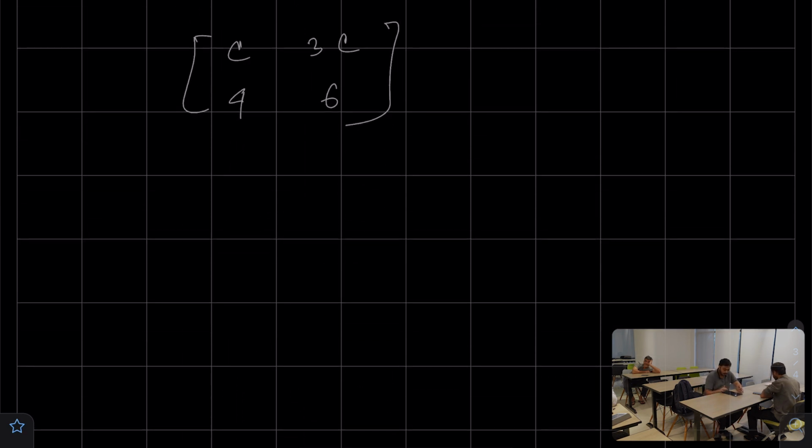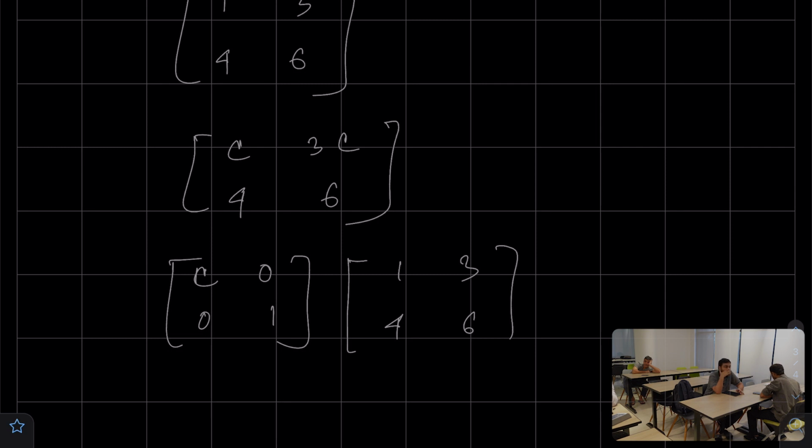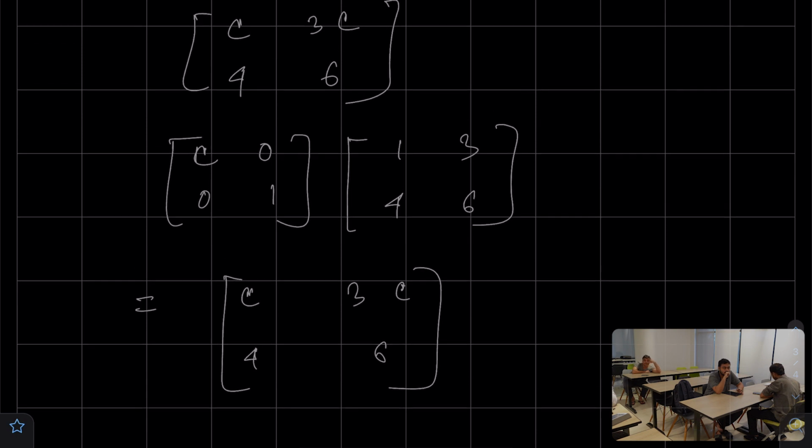So it is simply C, 0, 0, 1, and if I multiply this with 1, 3, 4, 6, then this is simply C, 3C and 4, 6, right? And this is equivalent to this one, right?